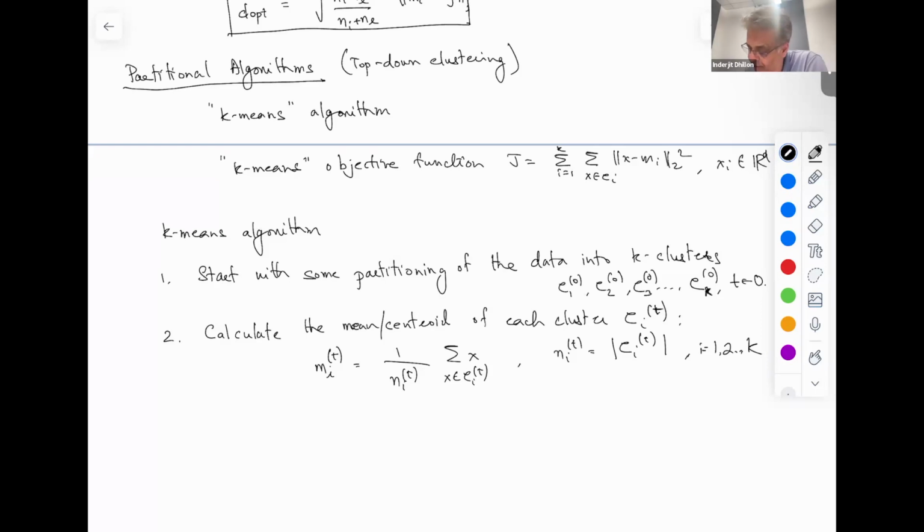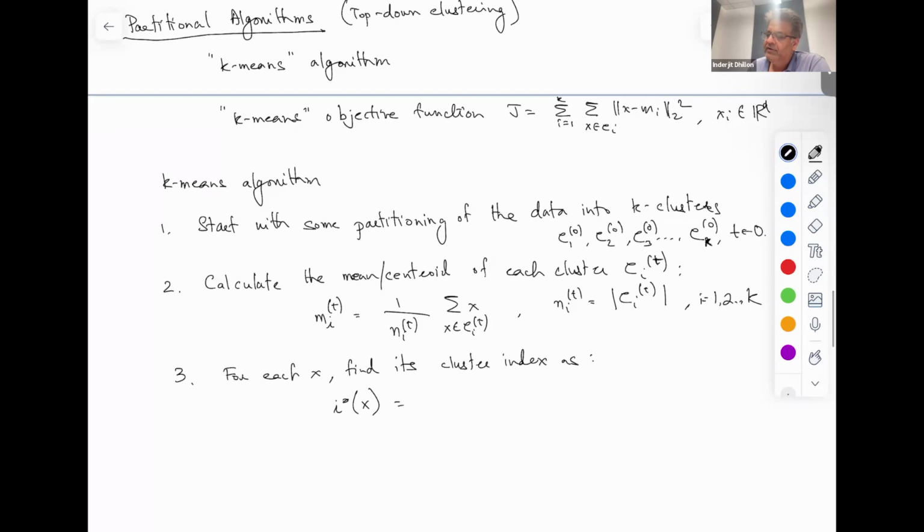Okay, so let me write out what I said. For each x, find its nearest cluster index. Let me call i star the cluster index for point x.